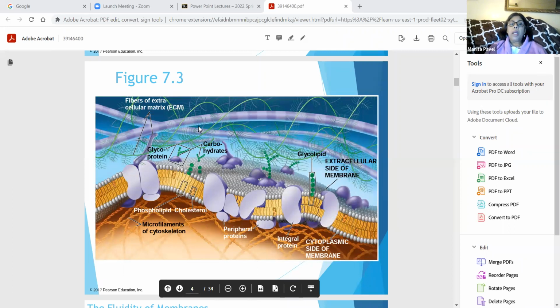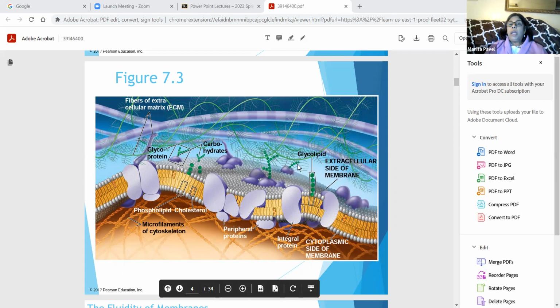When a carbohydrate attaches itself to a protein, this whole molecule that is formed is called a glycoprotein. So we see glycoproteins on one side of our plasma membrane.